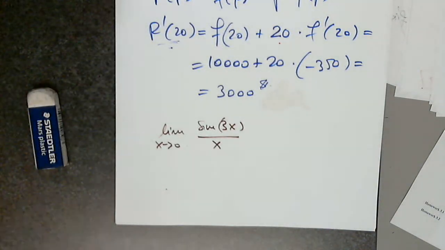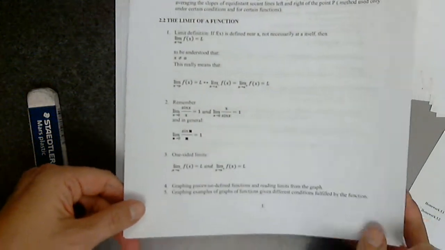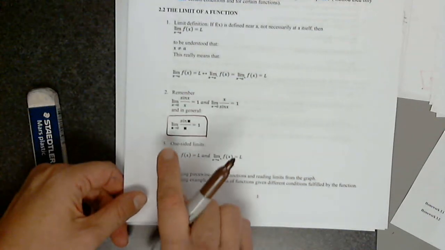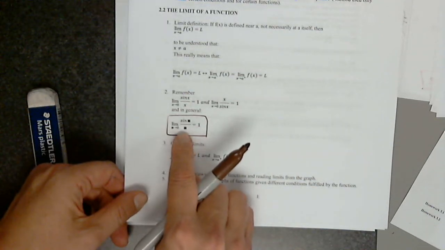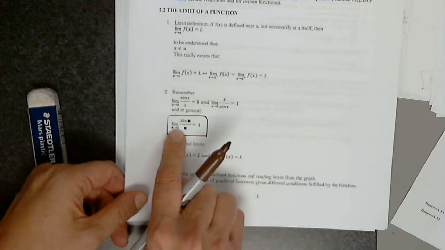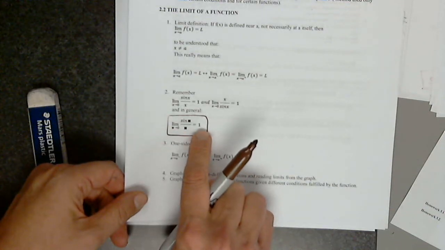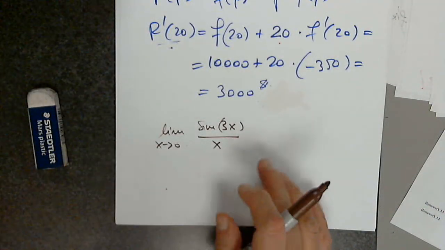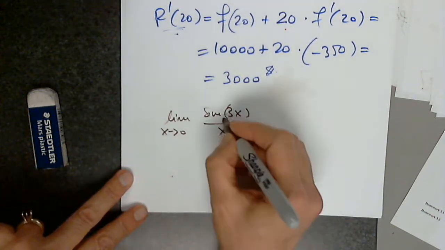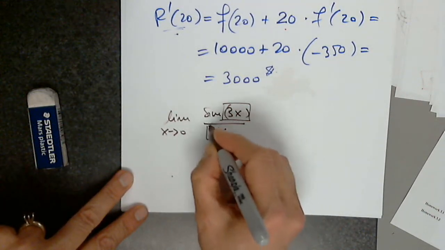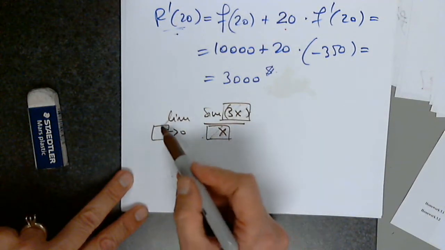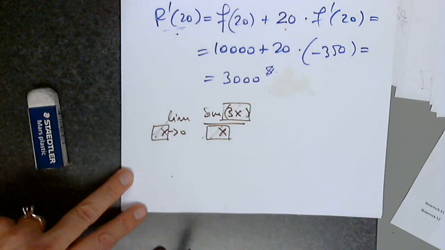Let me remind you, on the Chapter 2 summary, we have a reminder that says these three things have to be the same and they have to approach 0. Then the answer will always be 1. So I have to make sure that this piece and this piece all have to be the same. If they are not the same, I cannot write 1.